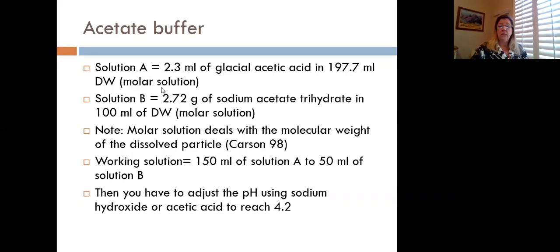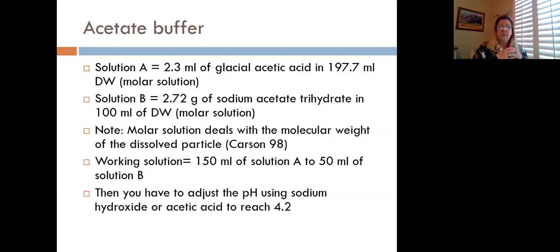Your solution B is 272 grams of sodium acetate trihydrate in 100 mils of distilled water. Molar solutions deal with the molecular weight of a dissolved particle, and Carson explains that on page 98 in my book. If you want to look it up, you'll be close.